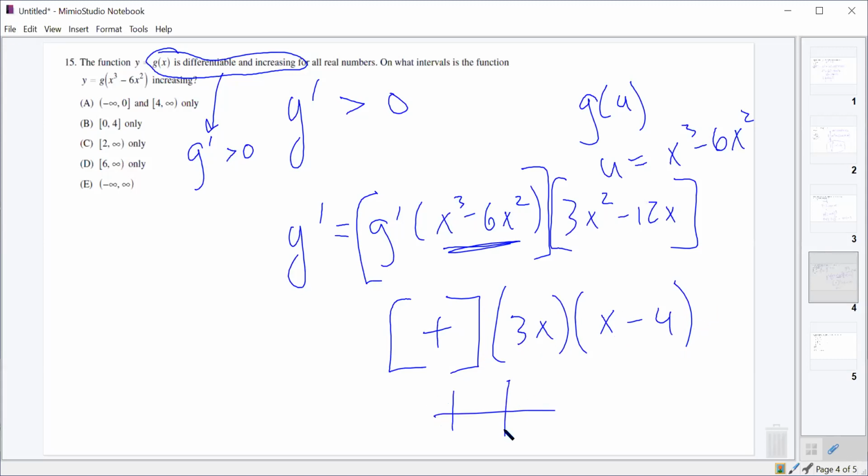So we make a sign chart with 0 and 4 on it. Something less than 0, like a negative, is going to give me a negative and a negative. So that's going to give me a positive. Something between 0 and 4, like 2, will give me a positive and a negative. And something greater than 4 will give me a positive and a positive. So it should be increasing from negative infinity to 0, and from 4 to infinity, when that derivative is positive. Any questions there? Everybody okay with that?